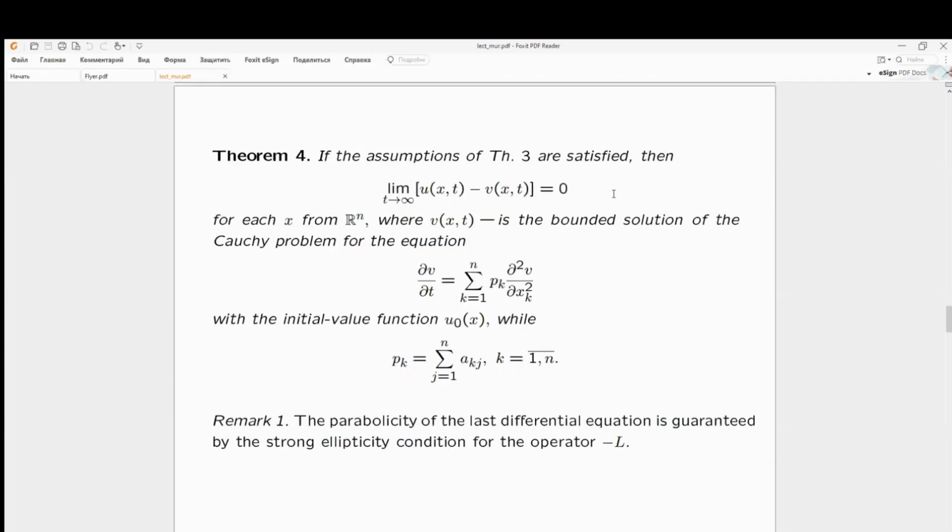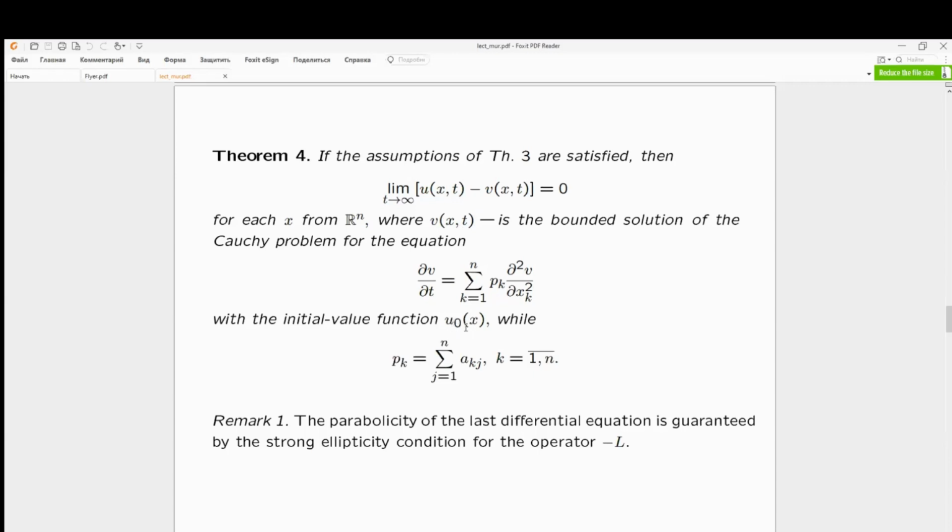And if this assumption is satisfied, then this limit is equal to 0 for each x from Rn, where v of x, t is the bounded solution of the Cauchy problem for this differential equation. This is a classical parabolic differential equation with the same initial value function u0.